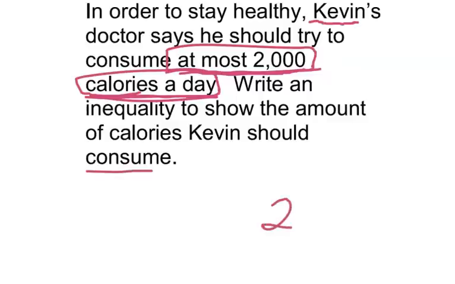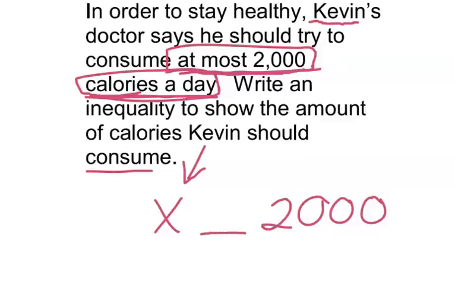All right, so once again, if we were to put this on a number line, we would put the 2,000 and we put a dot, right? And then we put an X or an N or something like that over here. And this number represents the number of calories Kevin's allowed to have in a day. And remember, they want him to have at most 2,000 calories, so he can have exactly 2,000 calories, which means we can put that little equal sign there, or less than.